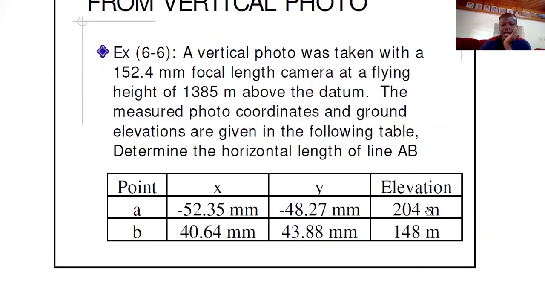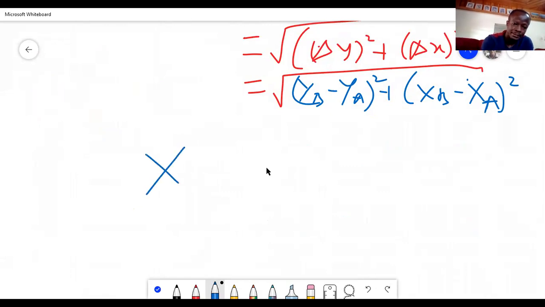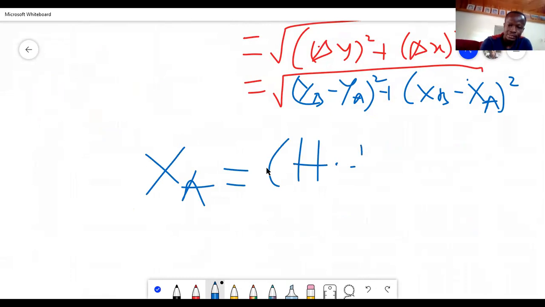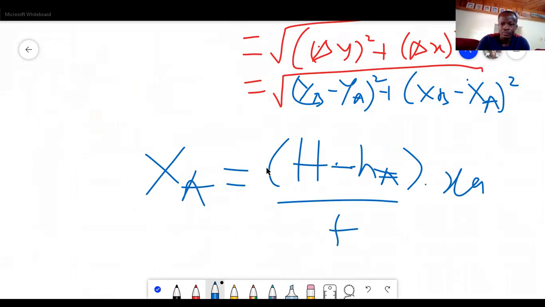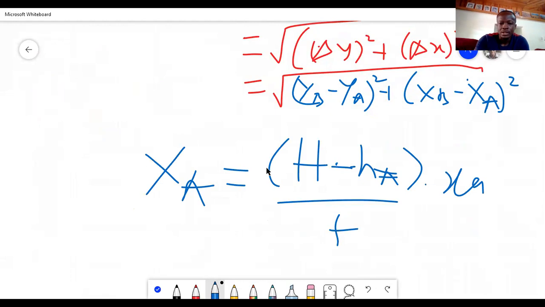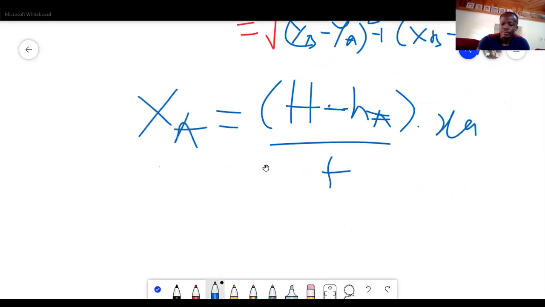So given this, for point A with this ground coordinate, to get the ground coordinate for XA, we need to make use of the formula again: capital XA equals flying height over the smaller xa, where small xa is minus 52.35 millimeters.